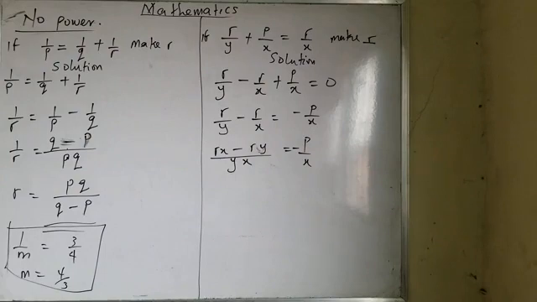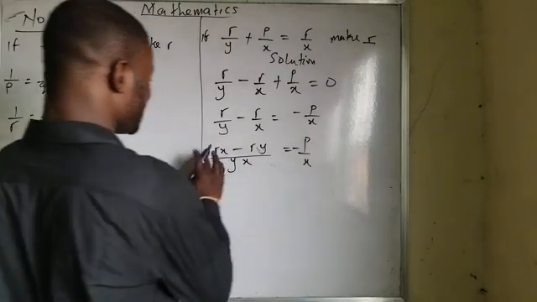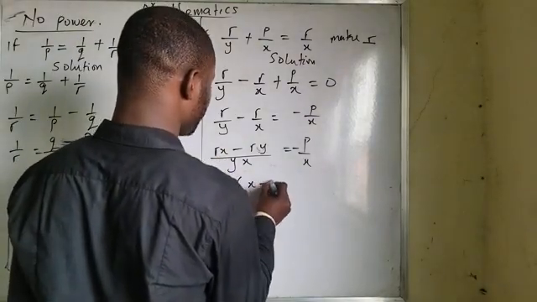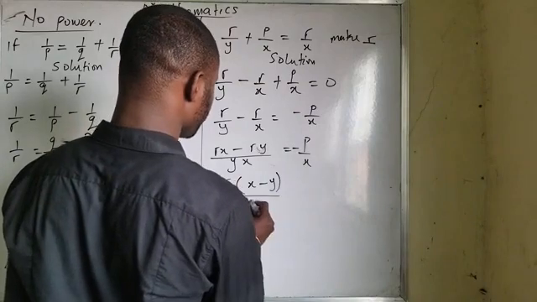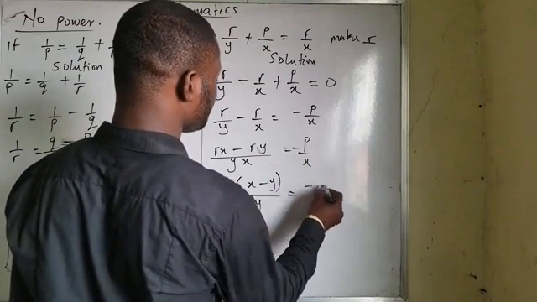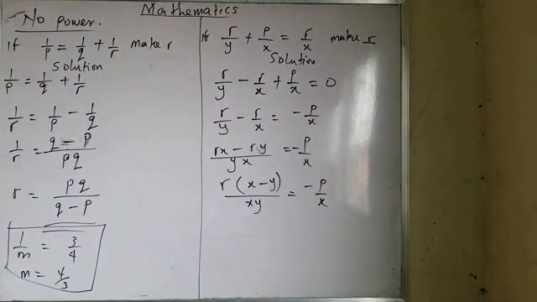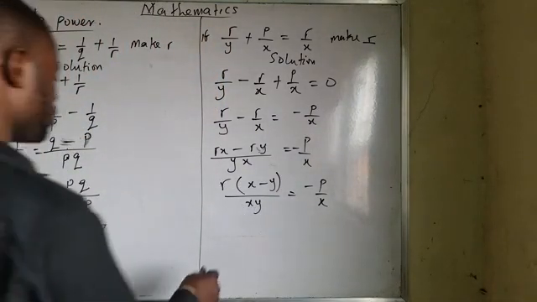Since I have that, what can I do? I can now say that R bracket of X minus Y divided by XY equals minus P all over X.